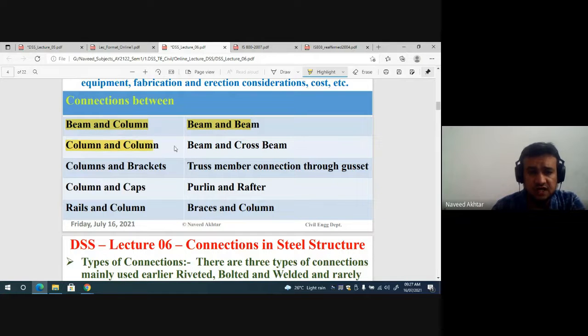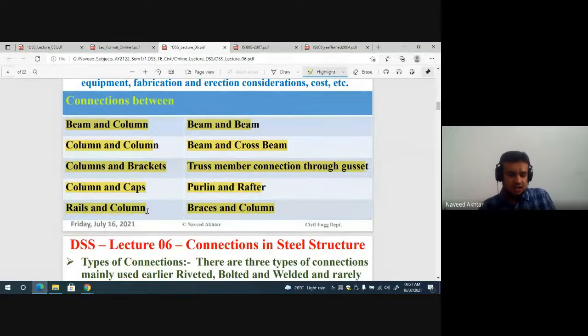Then column to column connection, beam and cross beam connection, column and bracket connection, truss member connection through gusset plates, column and caps, purlin and rafter connection in your industrial building, rails and column, and braces and column connection, etc. These are the frame connections, the connections between two members.